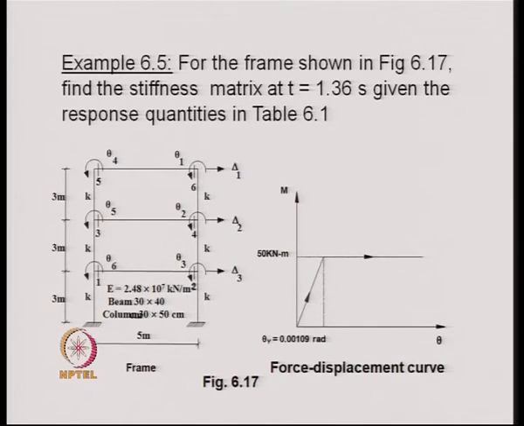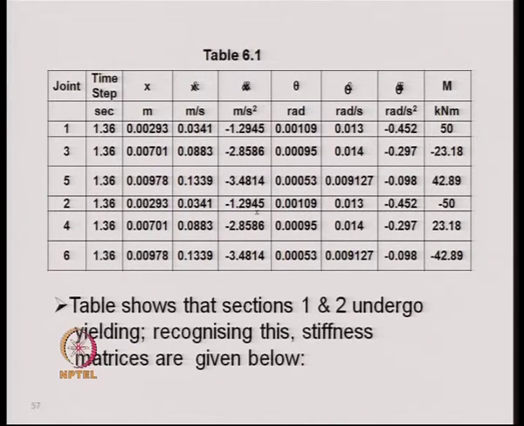So, for this problem at 1.36 seconds, the values of the displacements, acceleration, velocity, rotation, the yield rotation, and the maximum permissible rotation are given in this table, and from that one can see that at joint 1 and joint 2 in the beam, the moment is equal to the MP value.